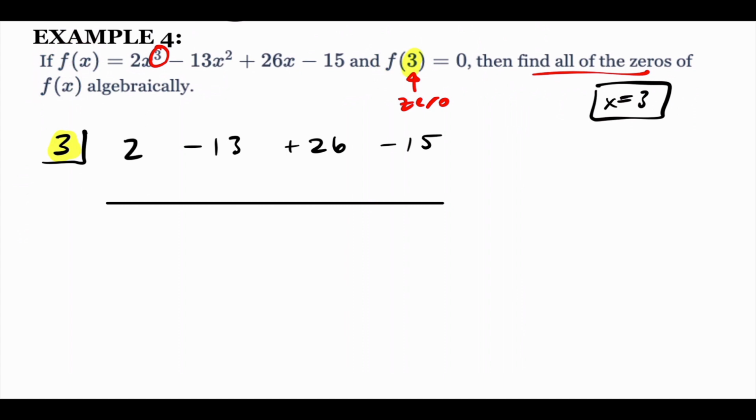Okay. So first guy moves straight down, like always. Multiply. 2 times 3 makes positive 6. Negative 13 plus 6, negative 7. Multiply.